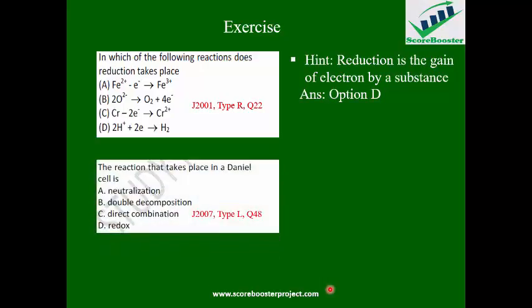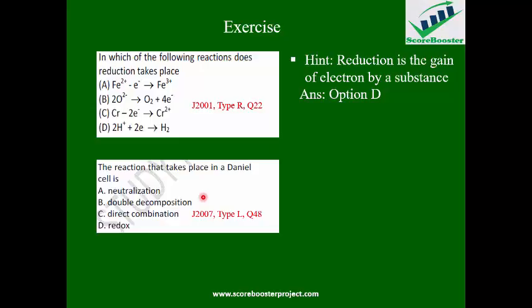The reaction that takes place in a Daniel cell is dash. This actually involves transfer of knowledge from physics to chemistry. It is in physics that we talk about Daniel's cell. I brought the question because I think you should have been taught these electrochemical cells in physics by now.